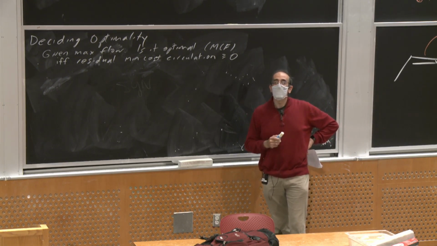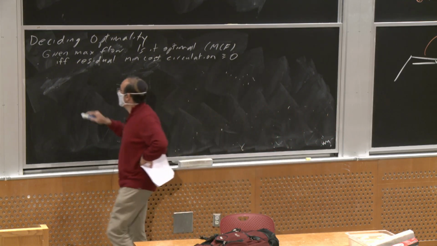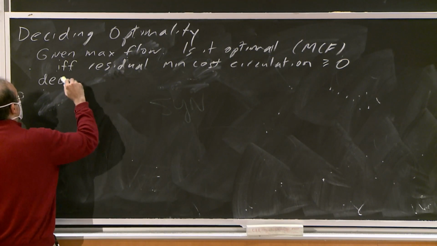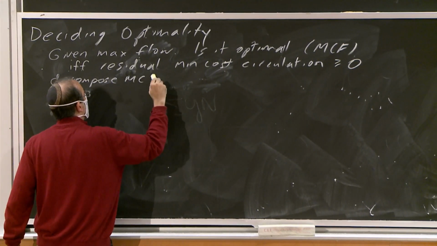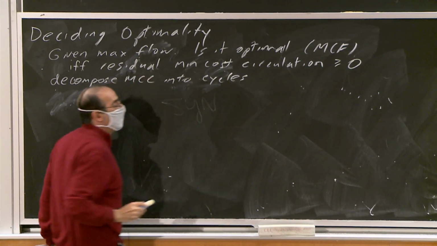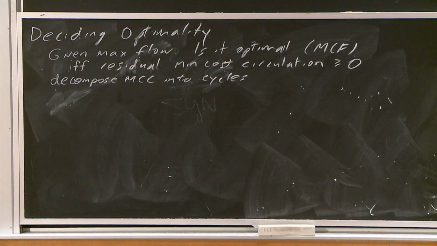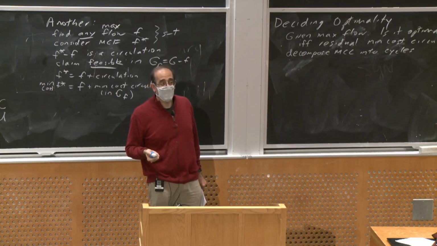Yes? You might just be able to test for negative cycles. Great. So imagine that we decompose this circulation into cycles. In order for the min-cost circulation to be negative, it would have to have at least one negative cycle.